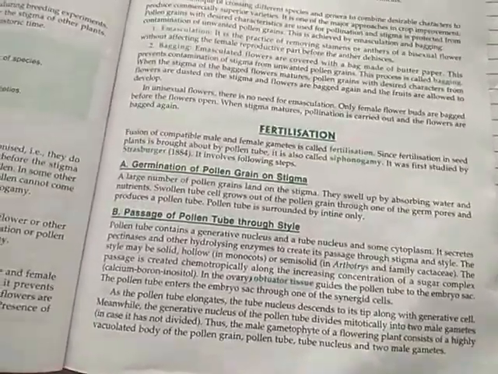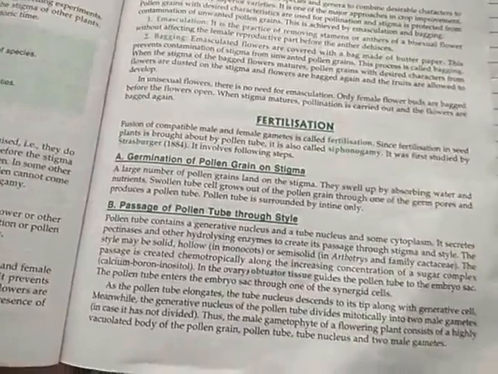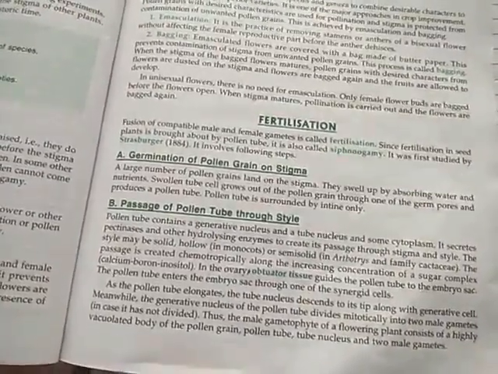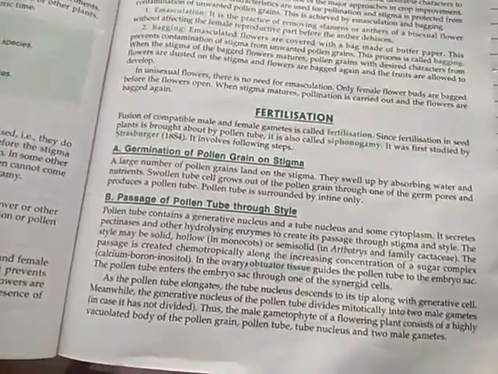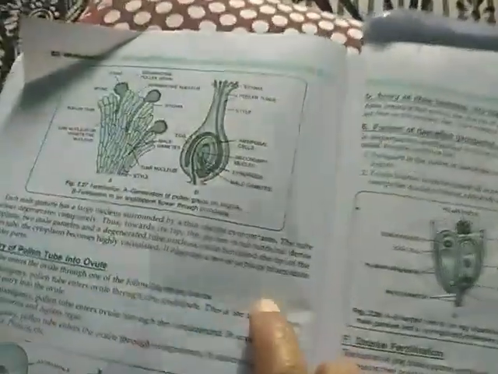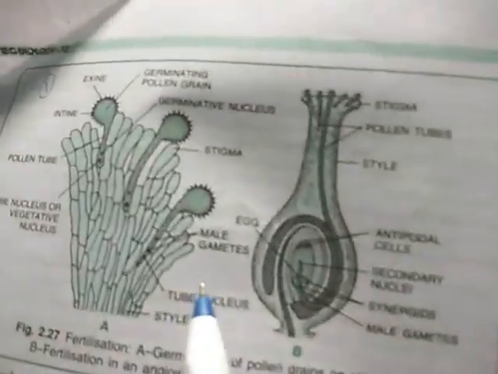the pollen grains which stick to the stigma and form the pollen tube, as I have already told you, will find their passage towards the stigma.